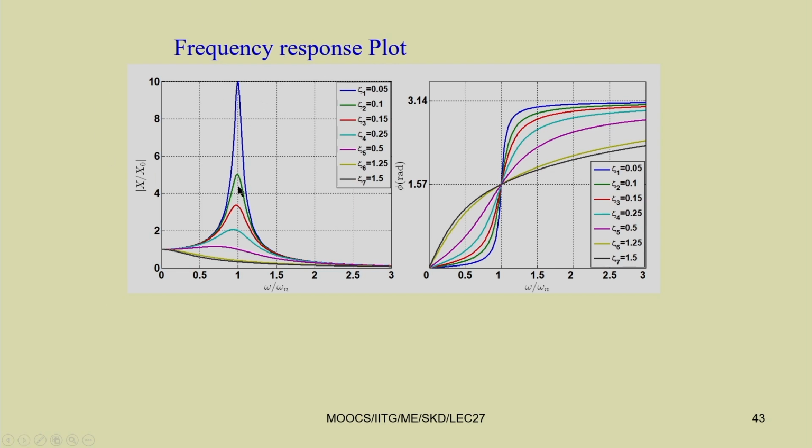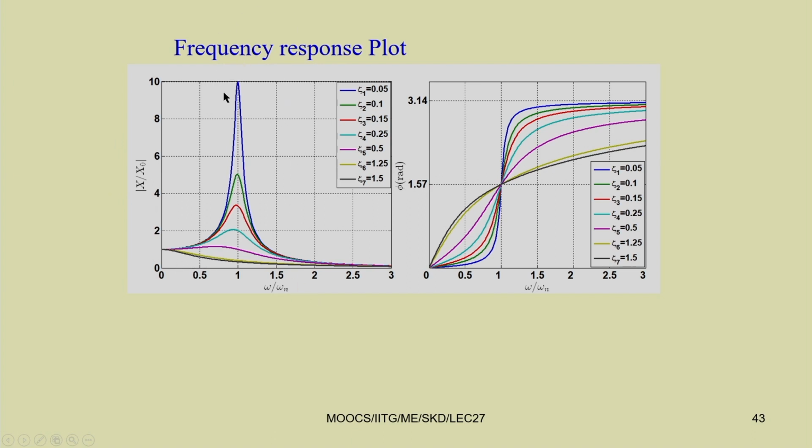In nonlinear analysis you can plot the frequency response also. Sometimes you will get a closed form solution, for example in the case of a single degree of freedom system with forced vibration. The magnification factor or displacement versus omega by omega n is known as the frequency response plot.